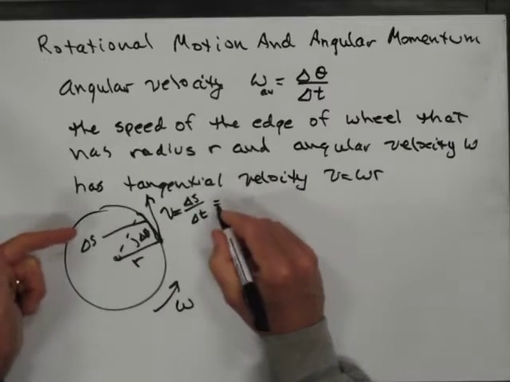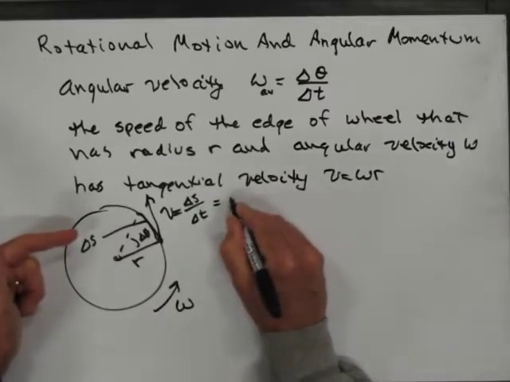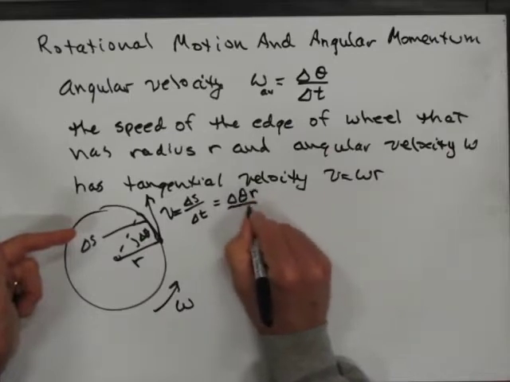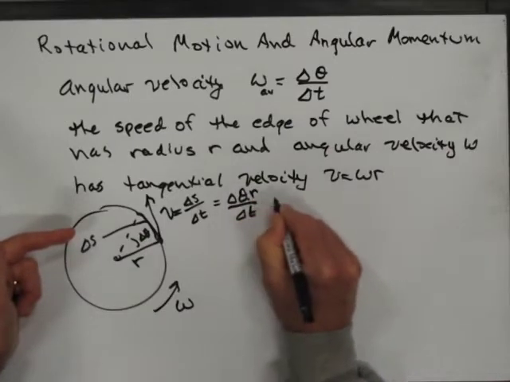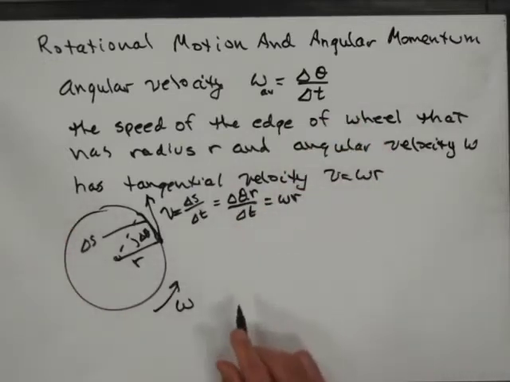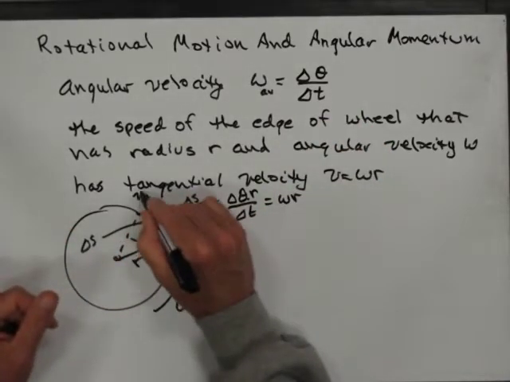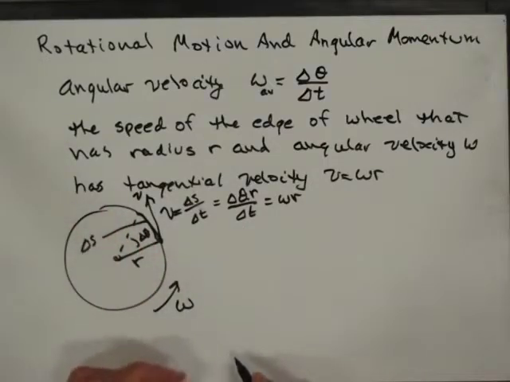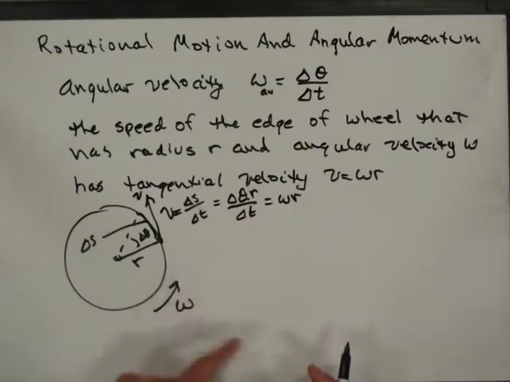But from the definition of the arc length, that's just equal to delta theta times r over delta t, which is omega times r, because delta theta over delta t is omega. And so if you want to know the velocity you're traveling at the edge, you just multiply the angular velocity by r, and that gives you what we call the tangential velocity.